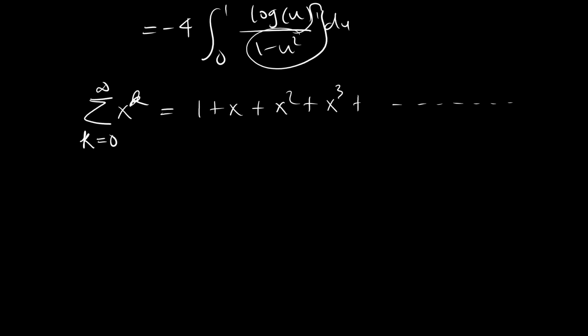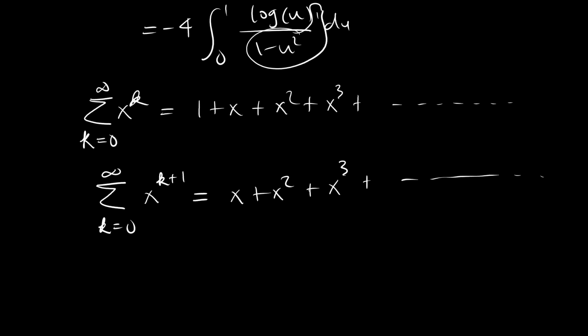Now, what about if we multiply by x? In other words, the sum from k equals 0 to infinity of x to the k plus 1 becomes x plus x squared plus x cubed all the way to infinity.